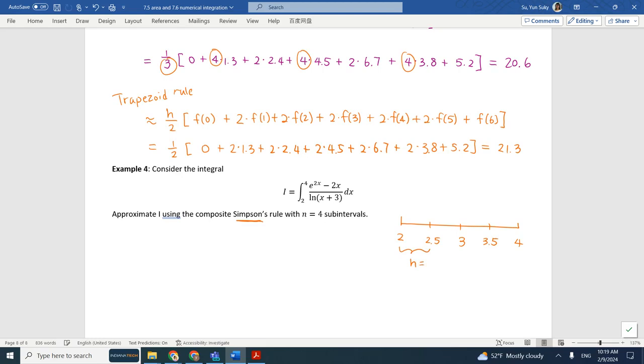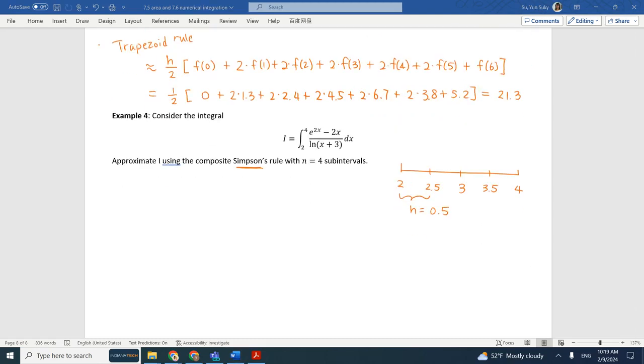What is the step size? What's the difference? 1/2, like 0.5. Yes, everybody? Okay. Simpson's rule: I approximately equals h over what? 3. Yes, h over 3. And the left endpoint? 2.